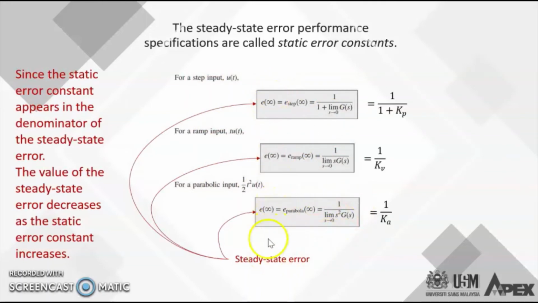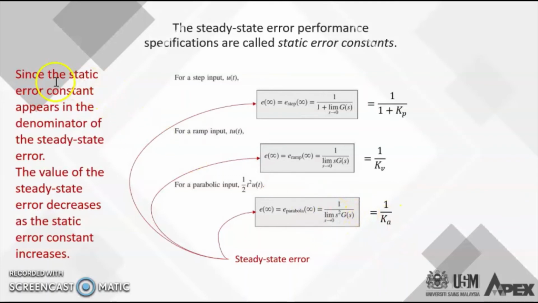But here, if you could notice, we're taking the limit of the function G. So basically you can equate that to Kp, and we can analyze that further. The same goes for Kv, a constant, which equals this, and Ka equals this.